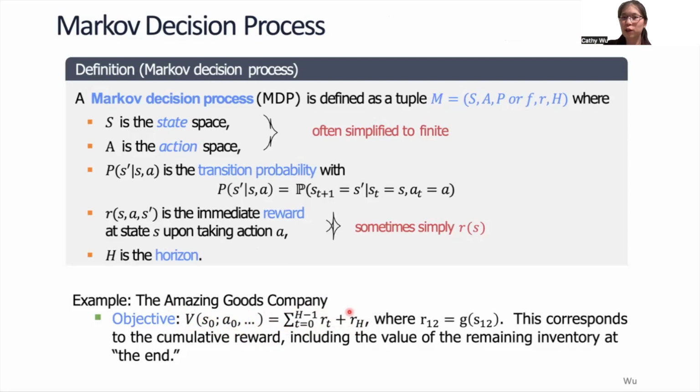Perhaps there is a final reward as well that we may account for. So for instance, here, the final reward may correspond to the value of the remaining inventory at the end, and this is treated a little bit differently than the per step rewards in this summation.